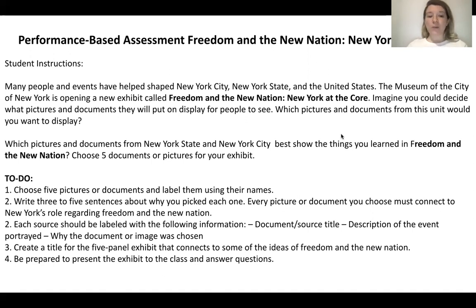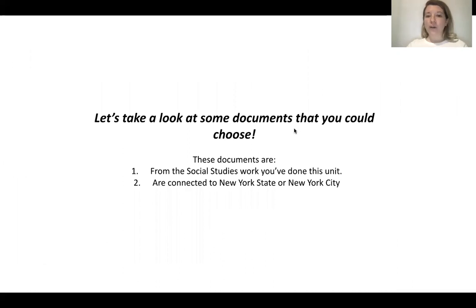And you need to be prepared to present this exhibit to the class and answer any questions that they may have. So let's start by taking a look at some of the documents that you can choose from. The documents I'm about to show you are 1, from the social studies work you've done this unit, and 2, they're connected to New York State and New York City.